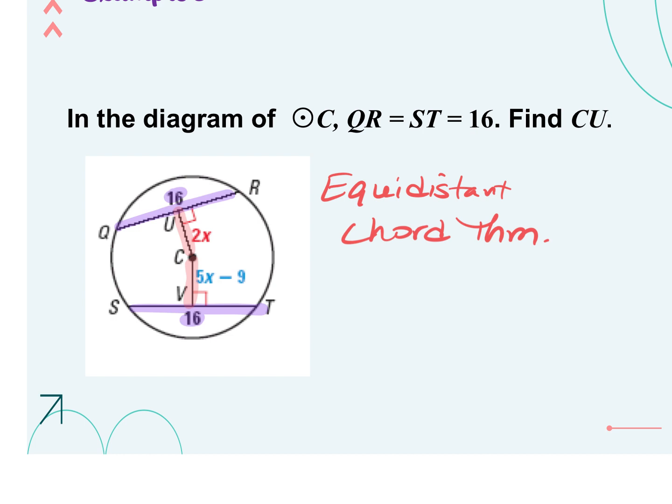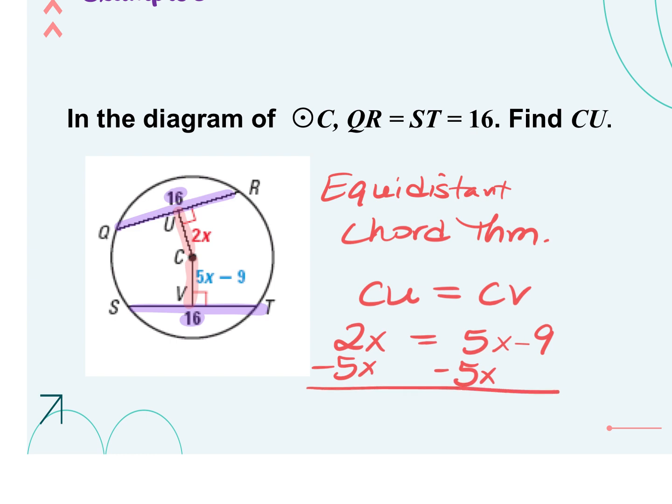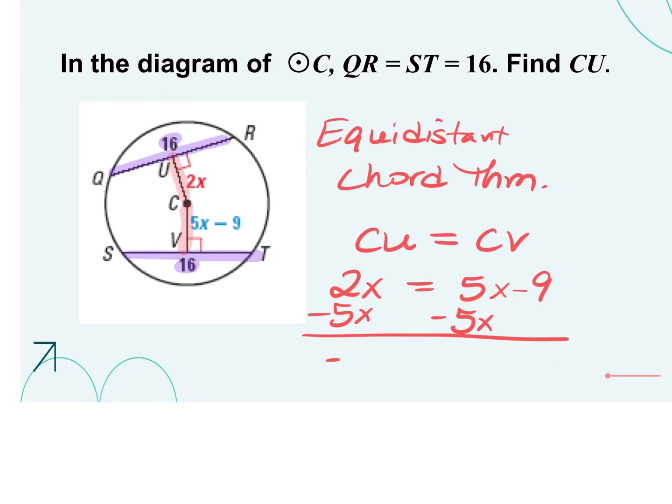So because my chords are congruent, that tells me that CU is going to be congruent or equal to CV. So I'm going to take CU, which is 2x, CV, which is 5x minus 9. I need to solve for x. So I'm going to subtract 5x from both sides. 2x minus 5x is negative 3x equals negative 9.